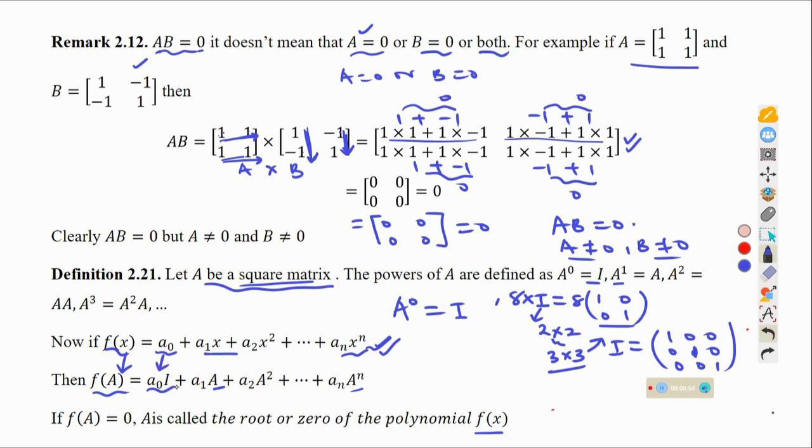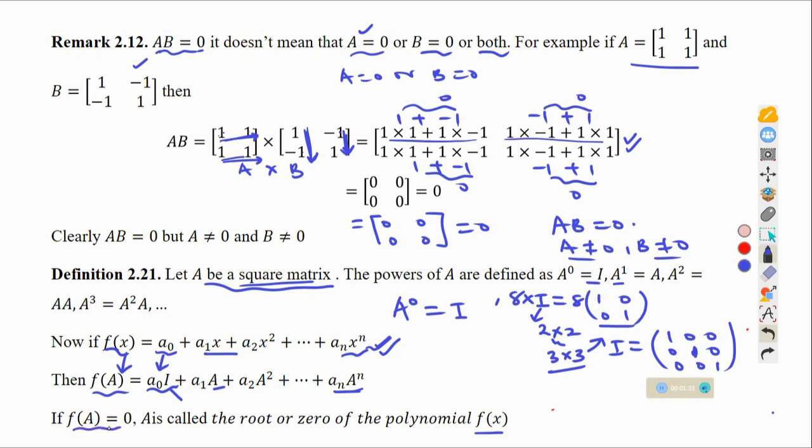So that's why we shall insert there the I. Remember, I represents the identity matrix, and this identity matrix will have the order which corresponds to the order of A. So for that case, our function will be f of A, which is a0 of I, plus a1 of A, where A is our matrix, plus a2 of A squared, plus up to an of A to power n.